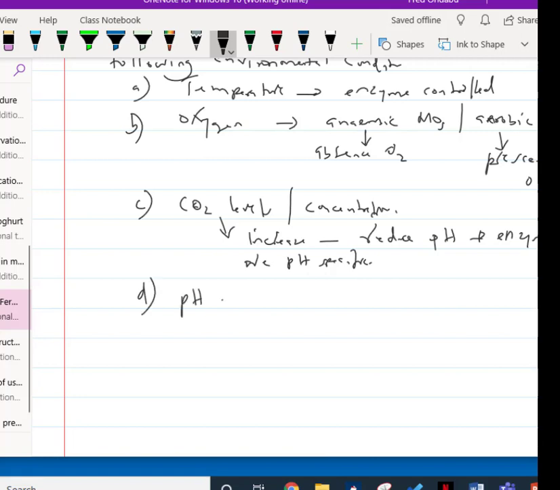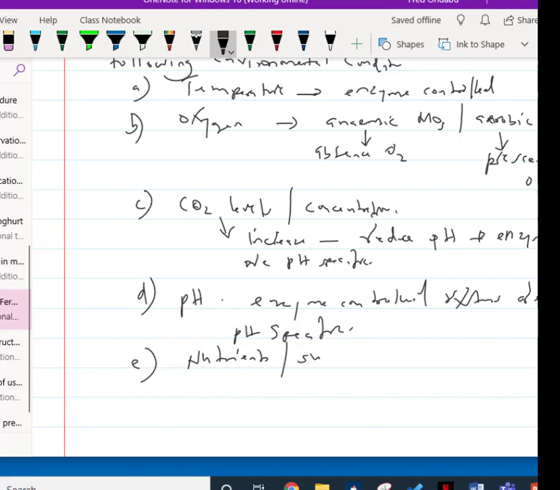Then there is the pH. As I've said, the enzyme controlled reactions are pH specific. Then we have nutrients.